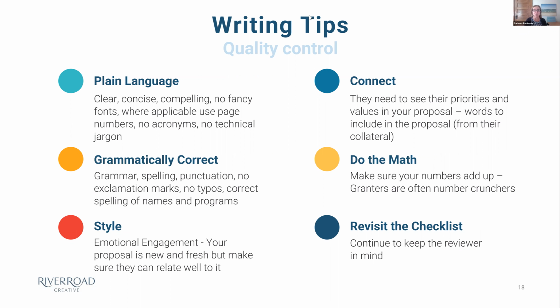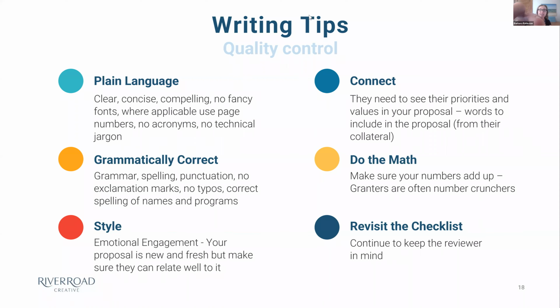And as I said earlier, include words that they use a lot in their collateral, or at least words that refer to that. So if they're talking about collaboration, you could say working together, or something like that. Innovation, cutting edge.